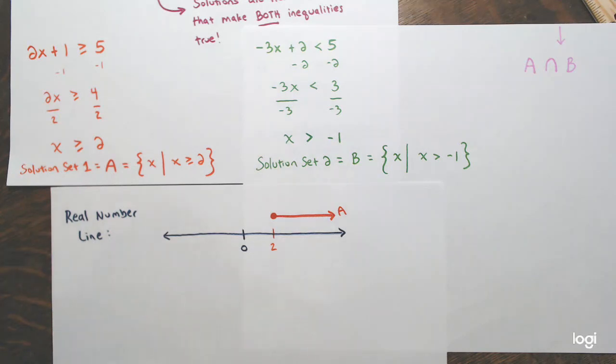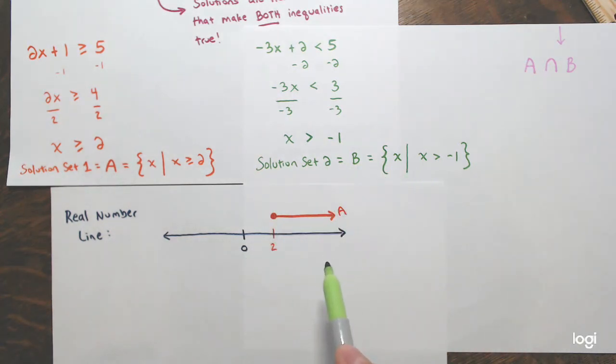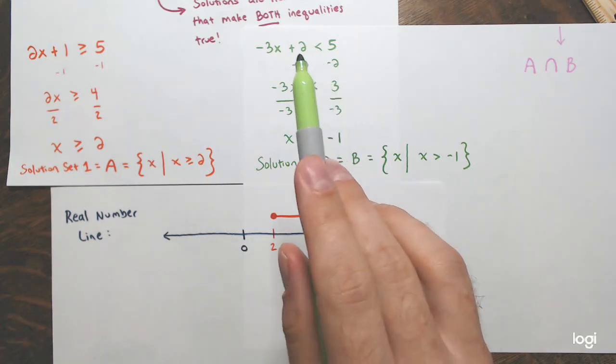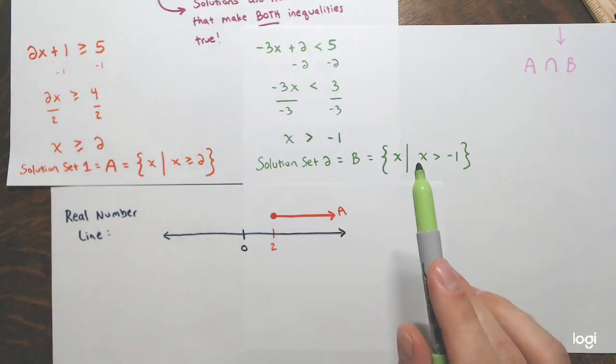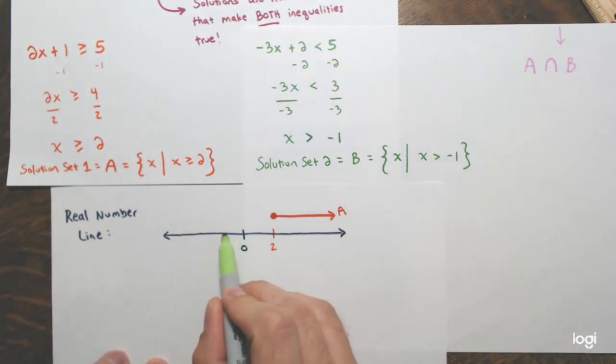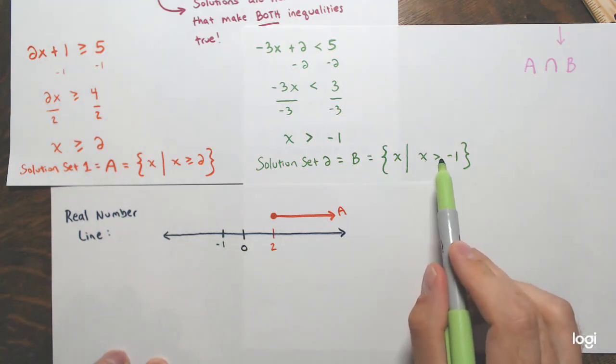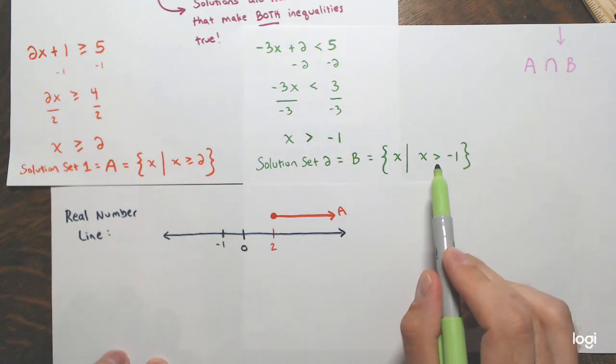Alright, then for the second inequality, where I did it in this light green color, I'll do the same thing. I'll do it below. The solutions of the second inequality are all the real numbers greater than -1. So where's -1? That would be to the left of 0, right? That's less than 0. Notice it's all the numbers greater than -1, but not equal to -1.